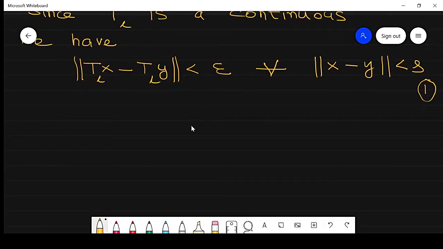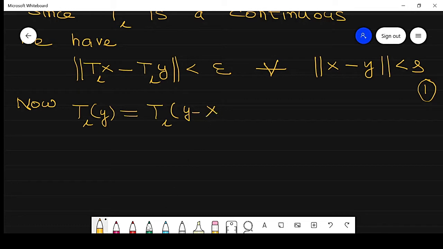Now this Tiy can be written as Ti(y minus x plus x).